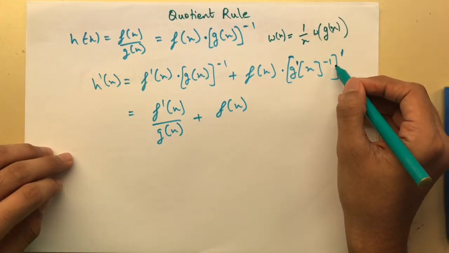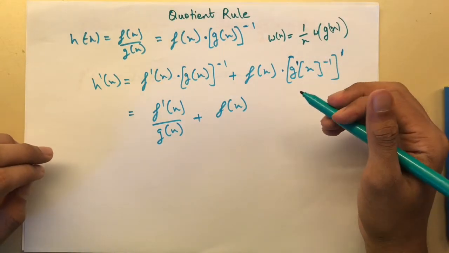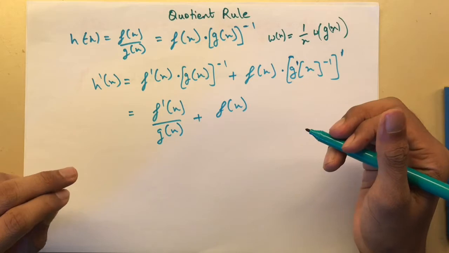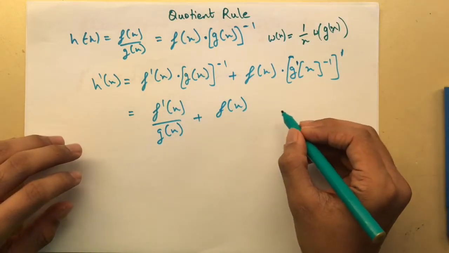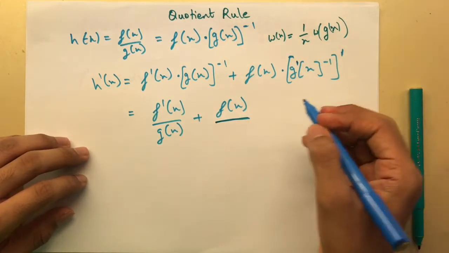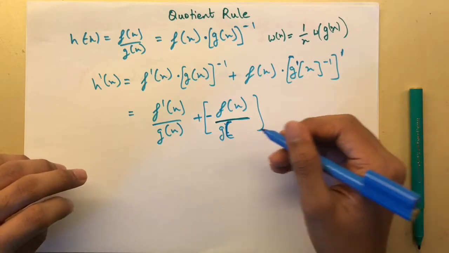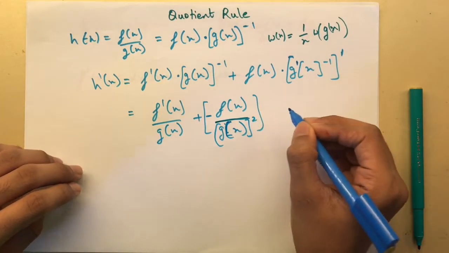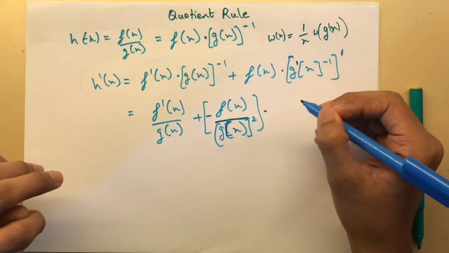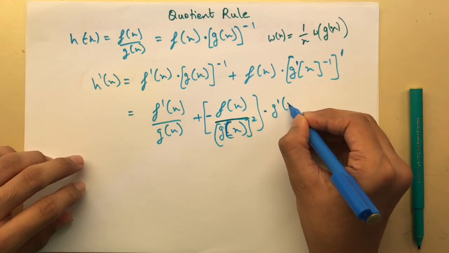And so we would first take the derivative of 1 upon x, which would be negative 1 upon x squared. So we would make this negative 1 upon x squared. And then if we replace g of x instead of x, we would get this. And then we would have to multiply it by the derivative of what g of x actually is.